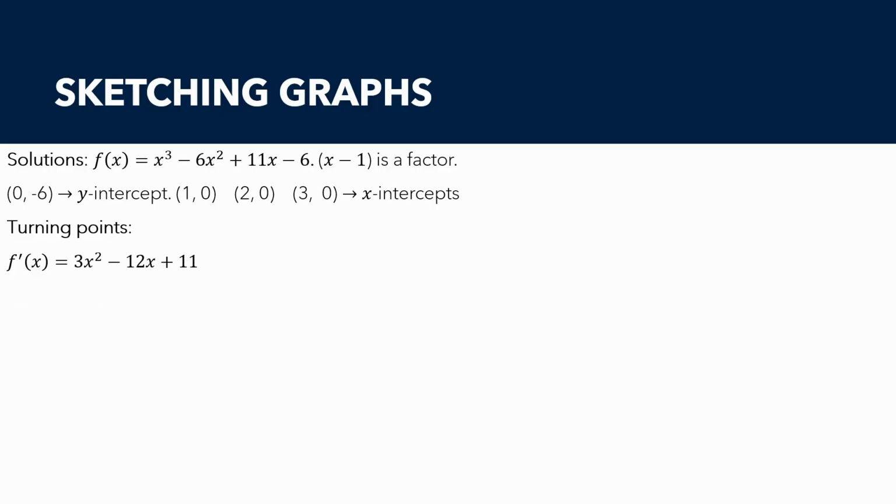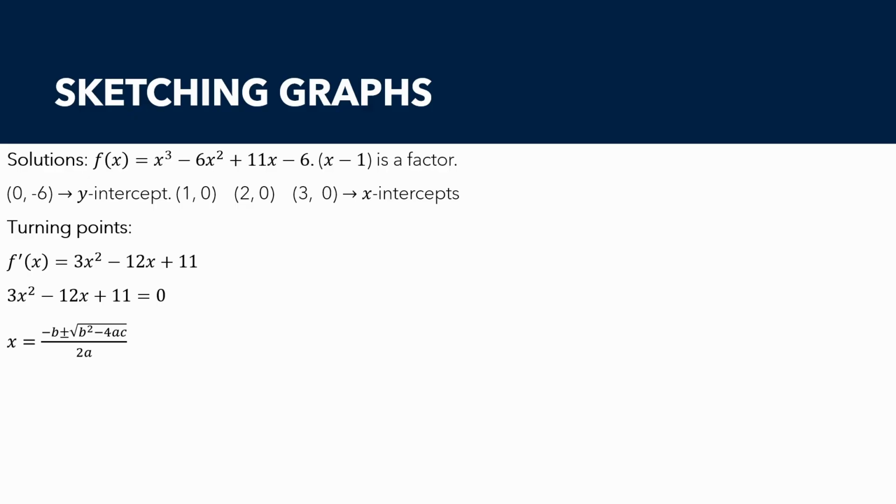Doing that, I get 3x squared minus 12x plus 11 equal to 0, and solve for x. That expression is not factorizable by the normal factorizing method, and hence we're going to use the quadratic formula. There is the quadratic formula.